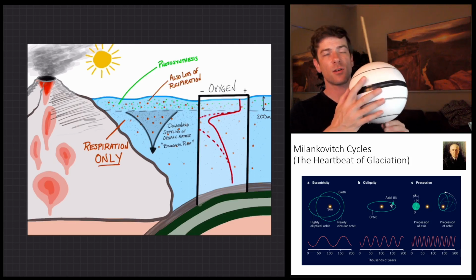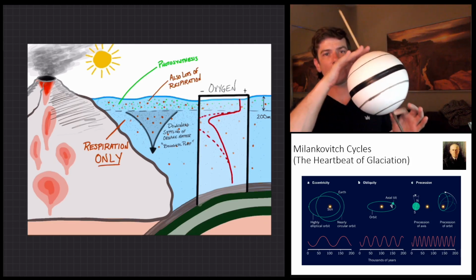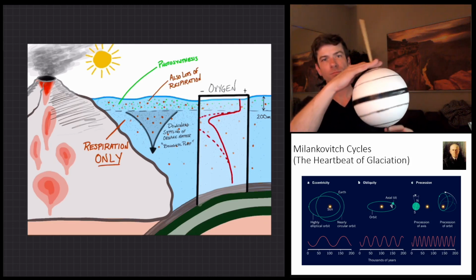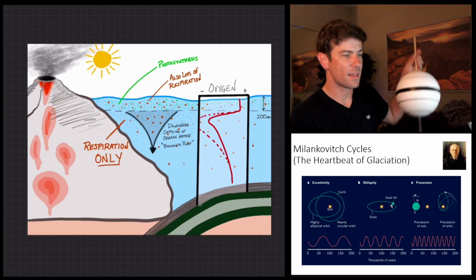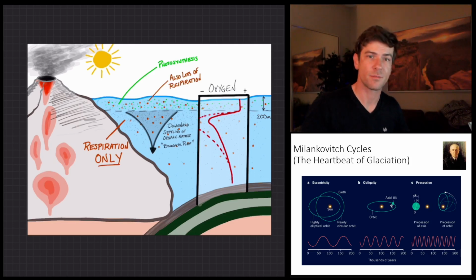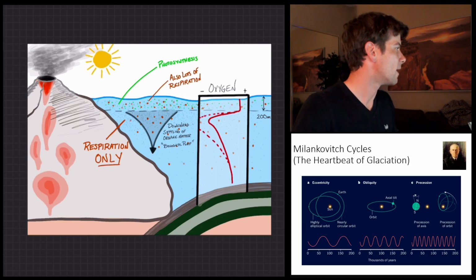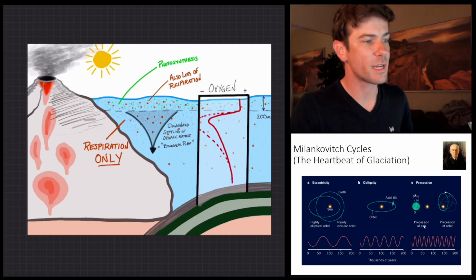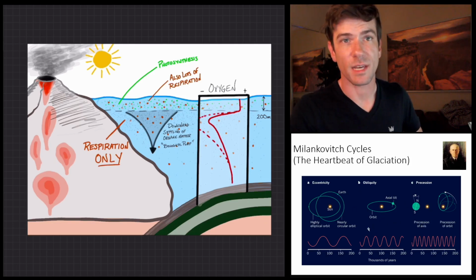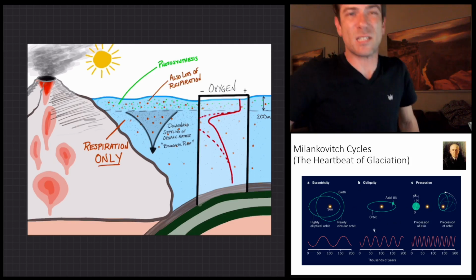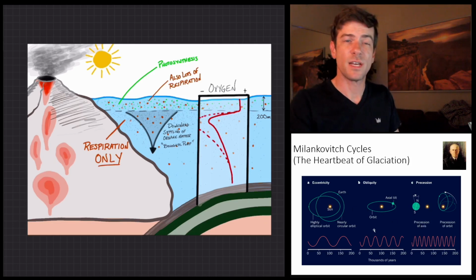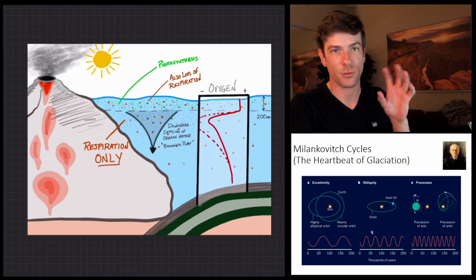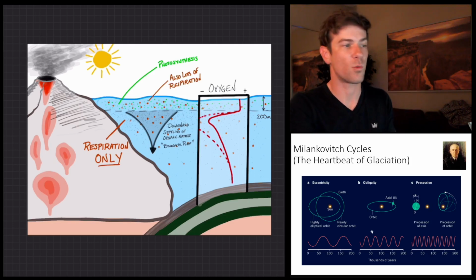It also has this thing called the precession, where the axis that is tilted, it wobbles. Right, it wobbles around like that. And that takes about 23,000 years. And so we have these three characteristic periods, or these cycles that the Earth experiences because of its orbit and how the orbit changes through time in these cyclical or periodic ways.